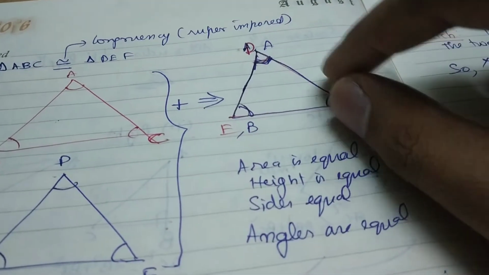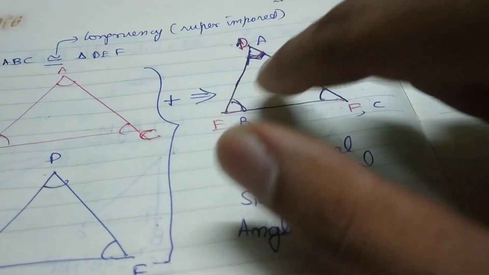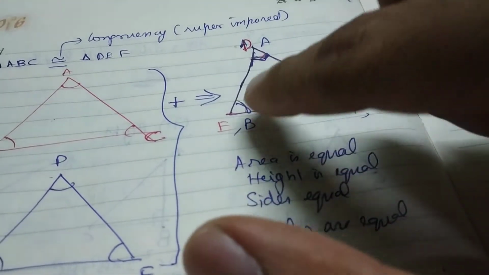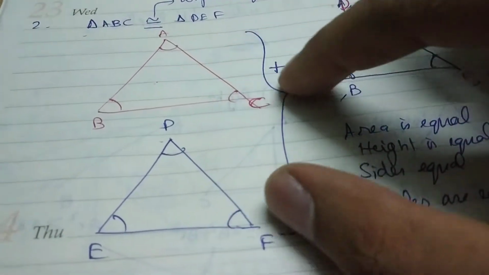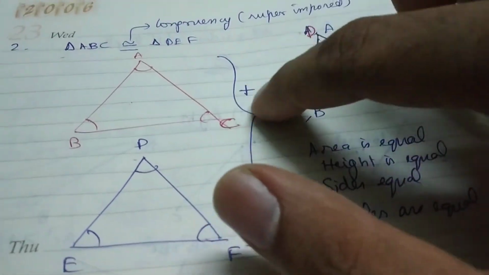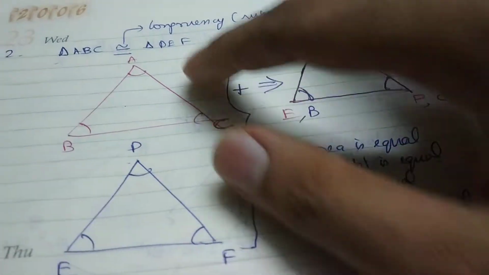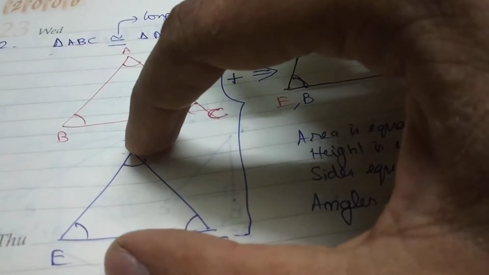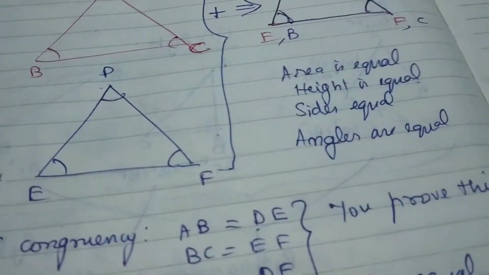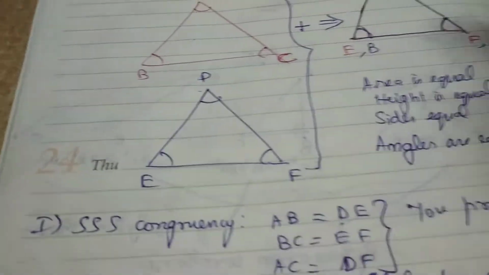That is, both the triangles are of equal length, equal area, equal height, equal angle. So this is what is called congruency. Here I have indicated congruency using the plus sign, correct? Just for an example I am telling, I am placing one triangle over the other, correct? So these two triangles are congruent.